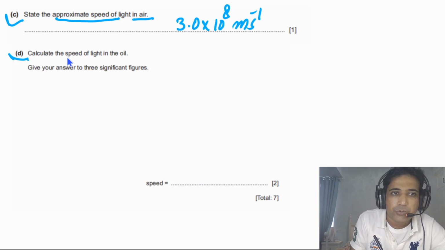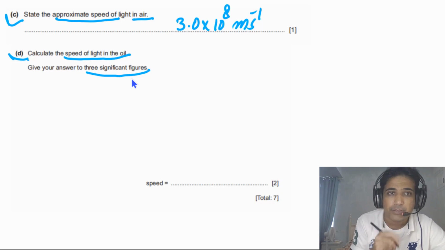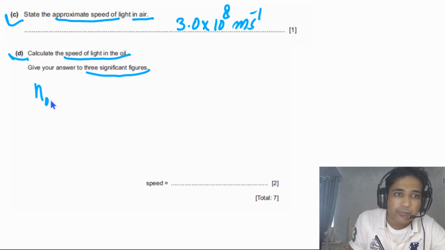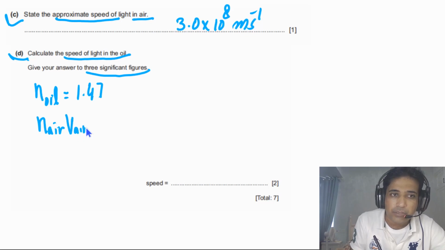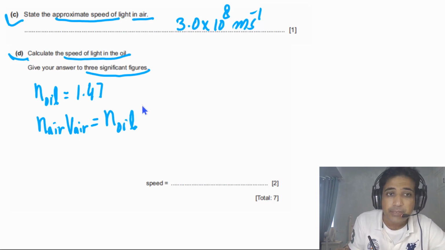For part D, we need to calculate the speed of light in the oil and give the answer up to 3 significant figures. For this question we have the refractive index of oil equal to 1.47. Now we need to understand that the refractive index of air times the speed of light in air is equal to the refractive index of oil times the speed of light in oil.